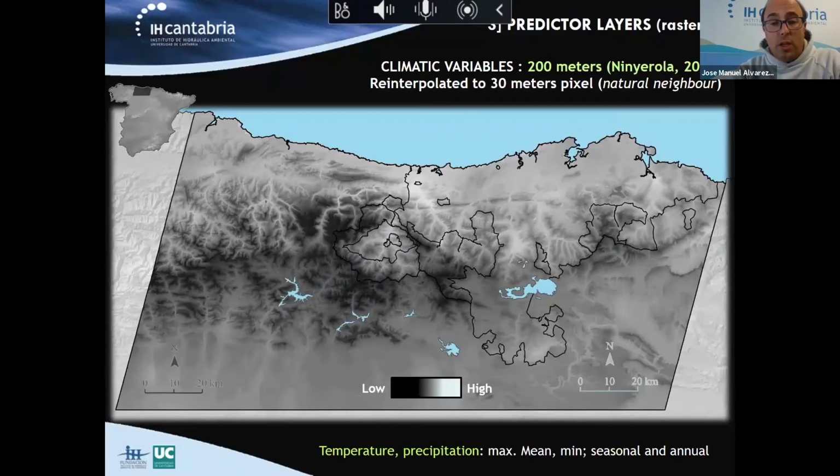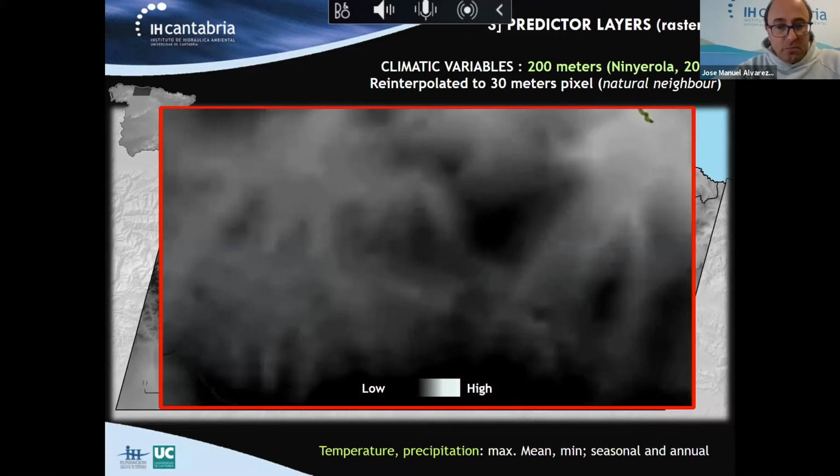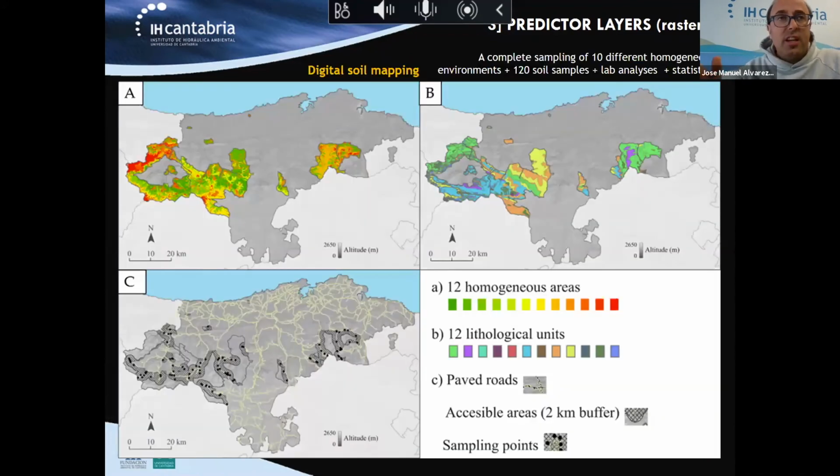That information we can put in our study area, but if we zoom in, we have a mismatch with the pixel size of the information that we have from satellites, from digital elevation models. So we can spend time also working on a regionalization. We already have climate products with a regionalization, and then we can reinterpolate using some smoothers or having everything at the same pixel size. That's a GIS thing.